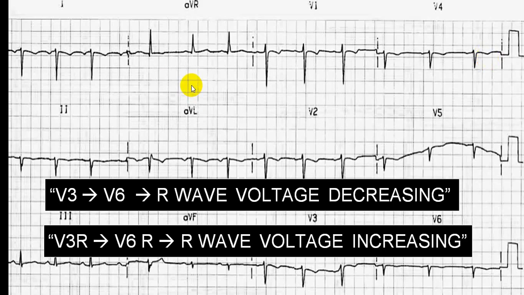Here you can see lead 1 is inverted, AVR is upright, AVL is also inverted, and in V1 to V6 there is normal R wave progression. In true dextrocardia, V3 to V6 R wave voltage is decreasing, and if you take V3R to V6R leads, then R wave voltage will be increasing. That will tell you that this is true dextrocardia.